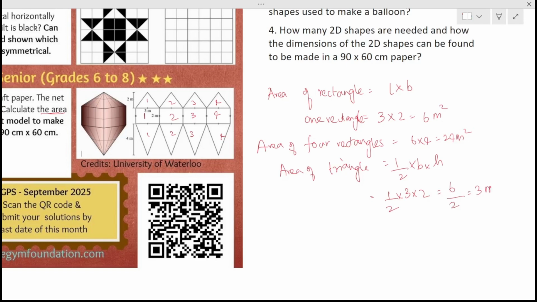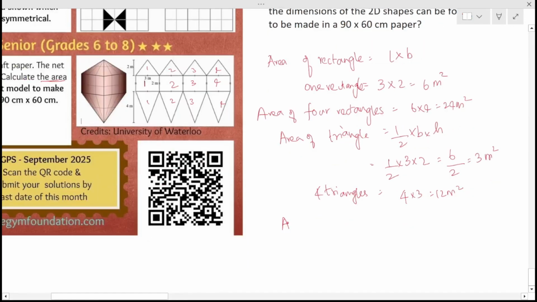How many triangles do we have? 4 small triangles, so 4 times 3 is 12 square meters. And what about the area of the bigger triangle on the bottom? The same way, it is half times.